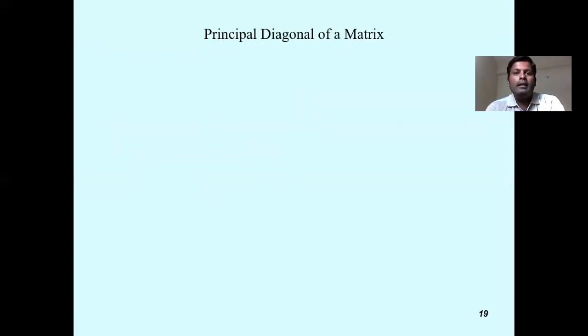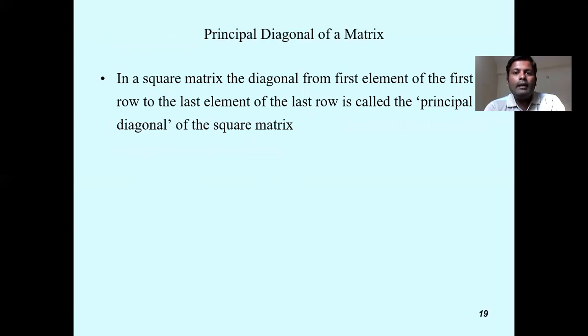Now the next definition is the principal diagonal of a matrix. In a square matrix, the diagonal from the first element of the first row to the last element of the last row is called the principal diagonal of the square matrix.